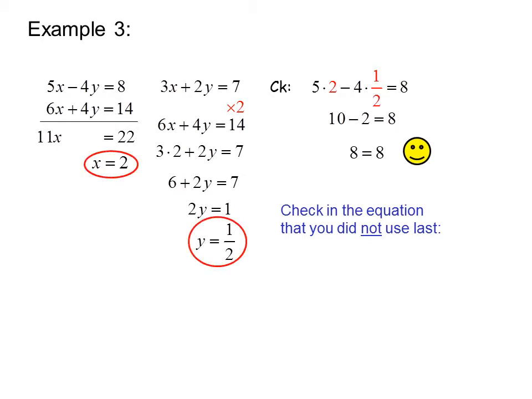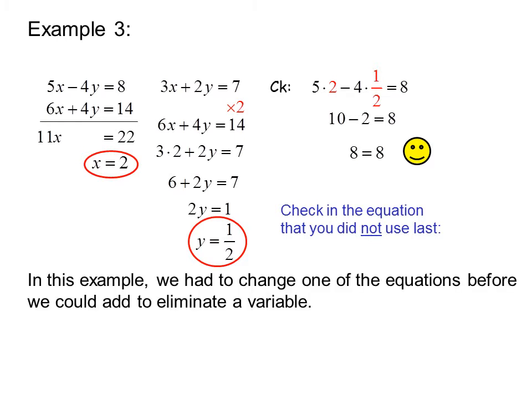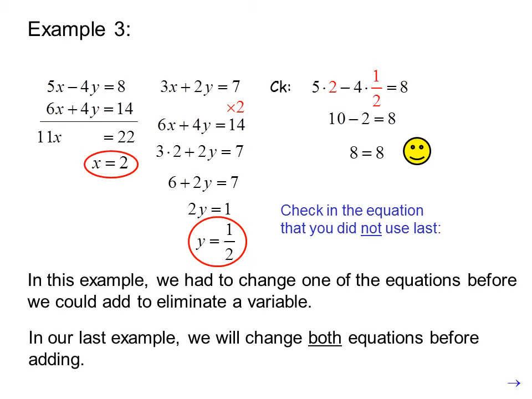Once again, we are confident that we have the correct answer. In this example, we had to change one of the equations before we could add to eliminate a variable. In our last example, we will change both equations before adding.